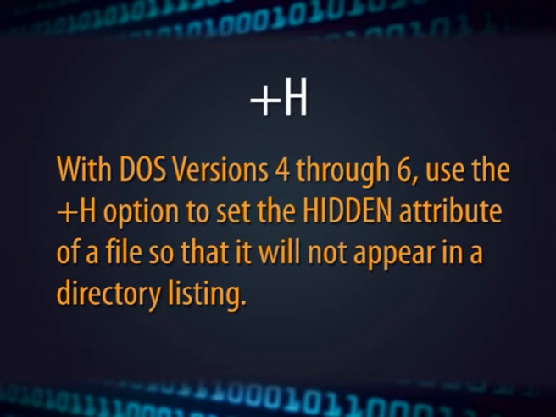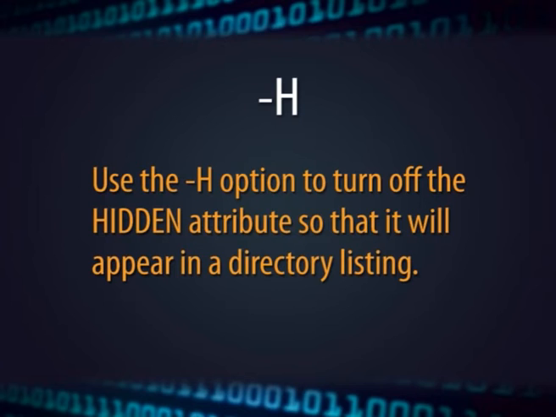With DOS version 4 through 6, use the +h option to set the hidden attribute of a file so that it will not appear in a directory listing. -h. The -h option is used to turn off the hidden attribute so that it will appear in a directory listing.